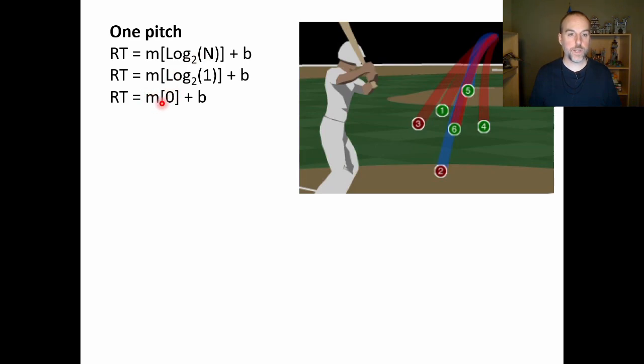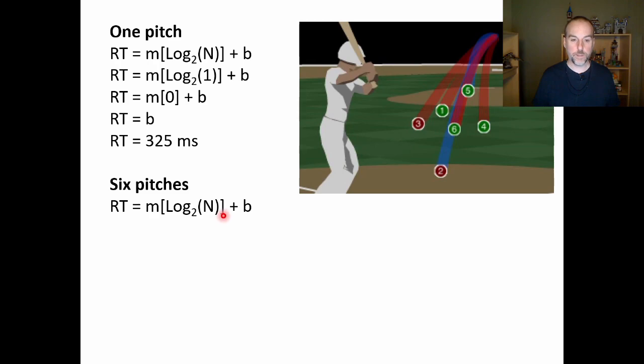So we're going to have 0 times m, that's going to disappear, and reaction time is simply equal to b, or the y-intercept from the equation. And from our last graph, we saw that that was 325. So if we throw the same pitch every time to a batter, the reaction time is going to be about 325 milliseconds.